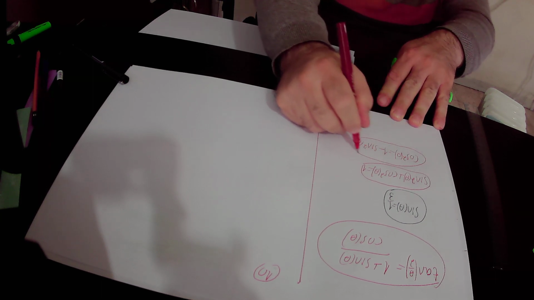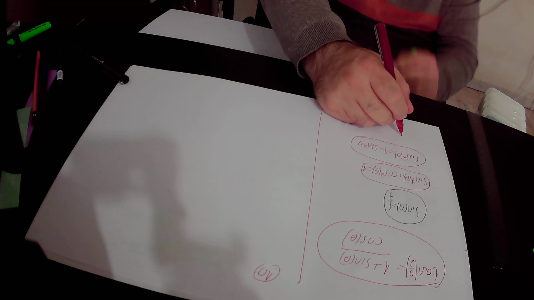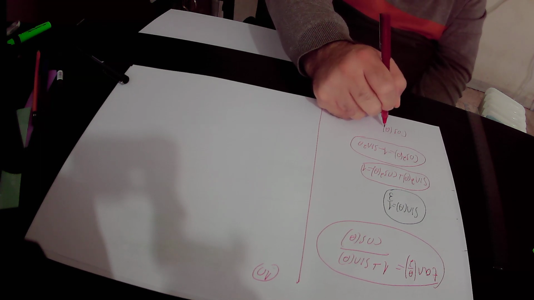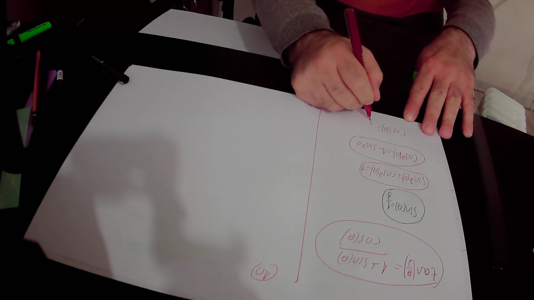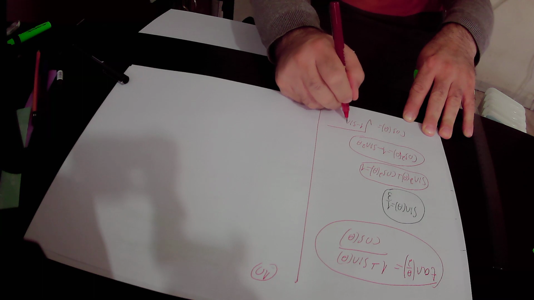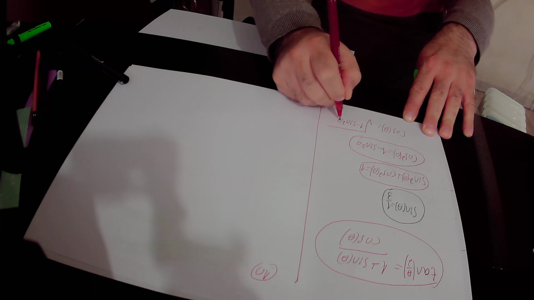We'll take a root out of this equation, and we'll get that cosine theta equals the square root of 1 minus sine squared theta.